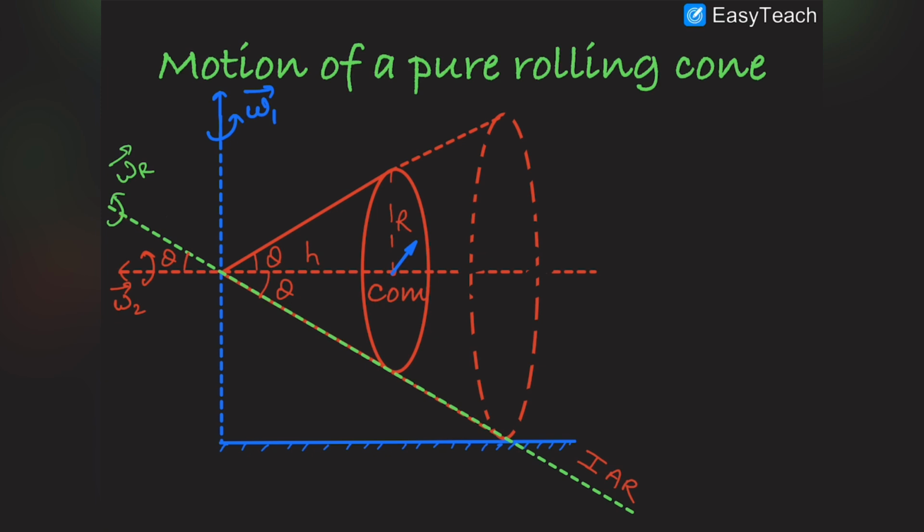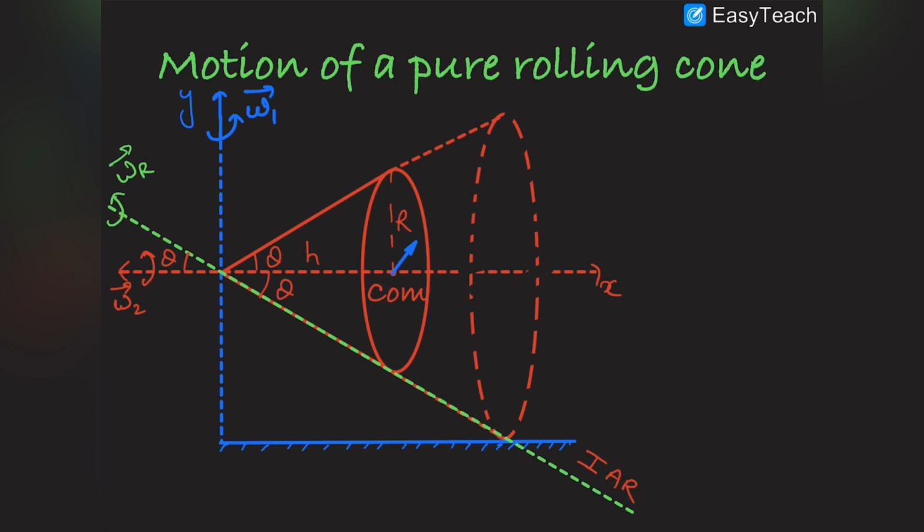Therefore, you can also see that the center of this cone is rotating about this blue axis, which is the y axis, let us suppose, with angular velocity omega 1, and this cone is also spinning about this red axis, which is the x axis, with angular velocity omega 2.